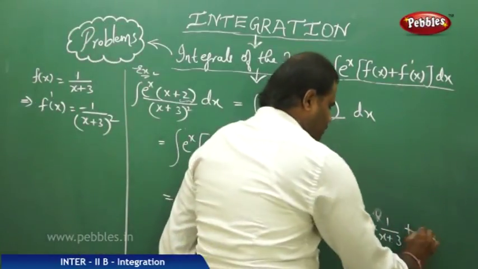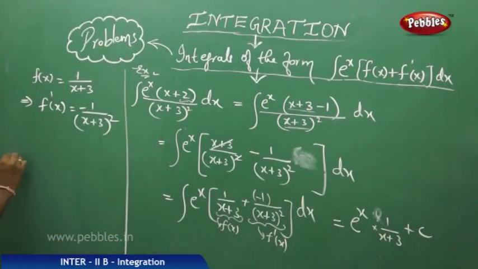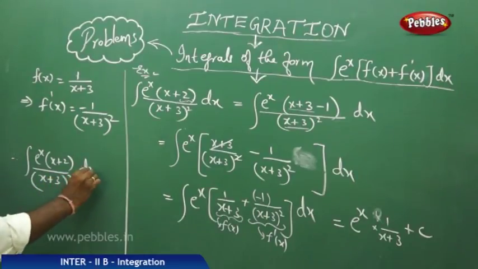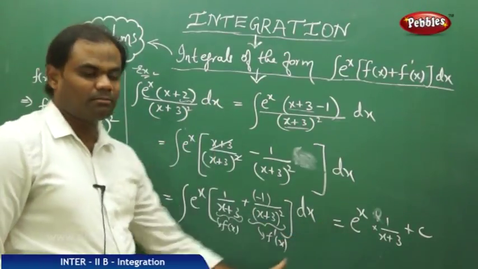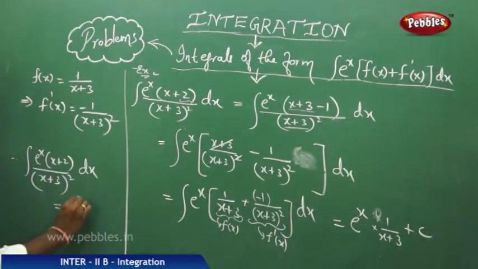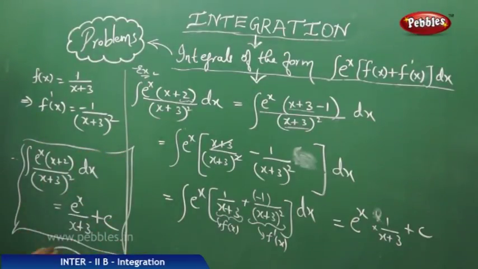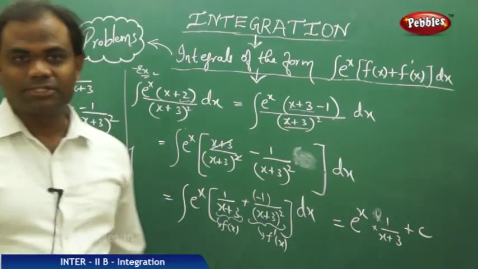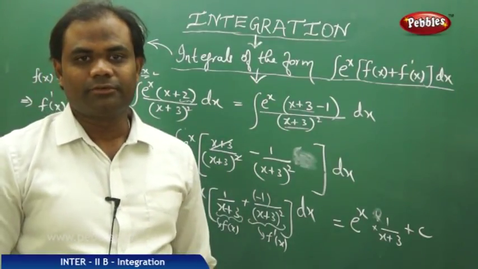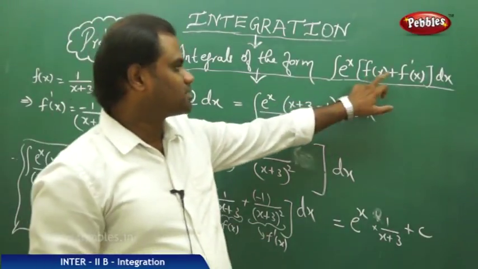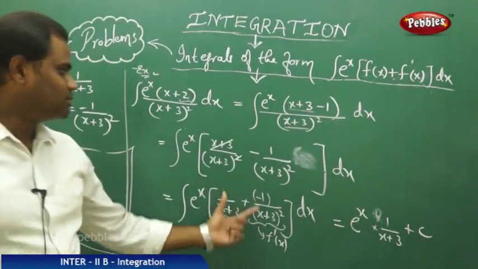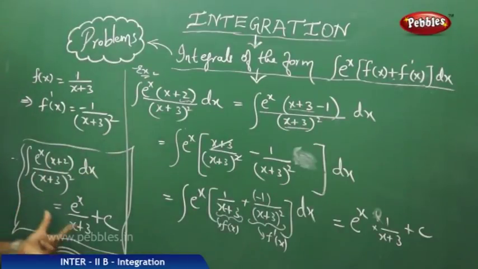Therefore, integration of e power x times x plus 2 by x plus 3 whole square dx, which is the given problem, is nothing but e power x by x plus 3 plus c. Integration of the form e power x f of x plus f dash x dx is used to integrate this to be equal to this.